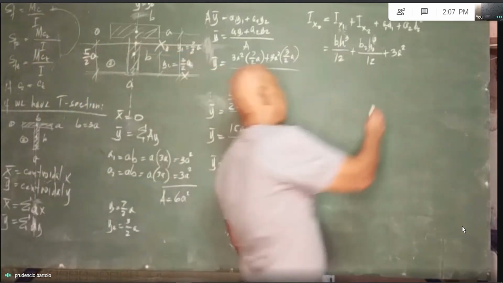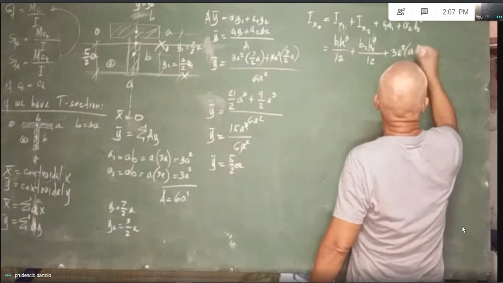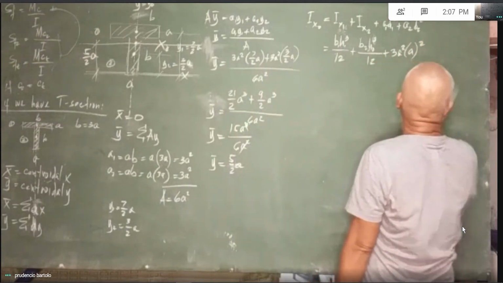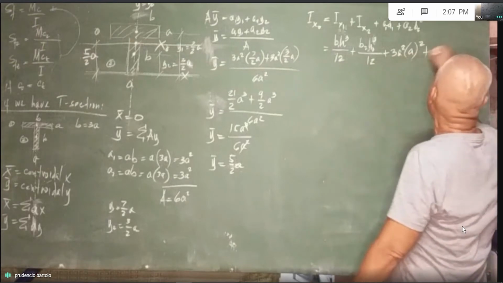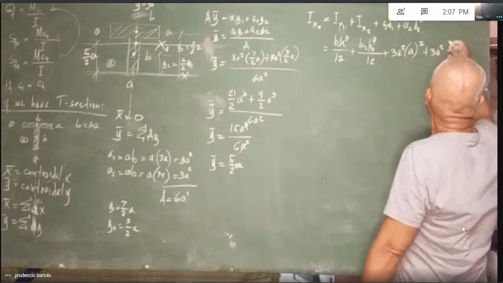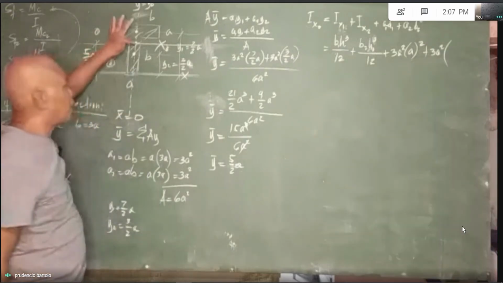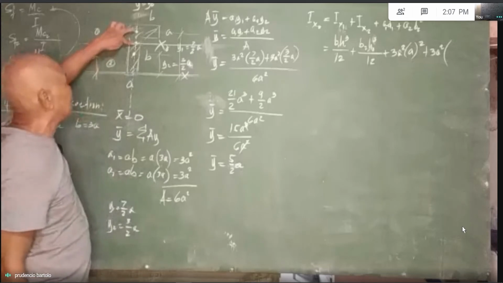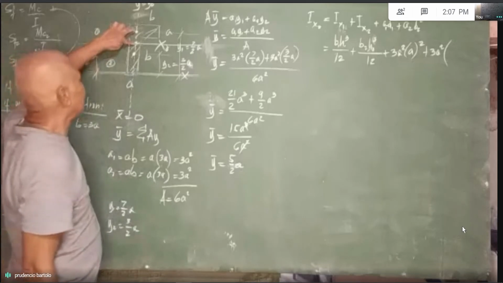So that will be a squared, plus 3a squared multiplied by the distance from the centroidal axis to the centroid.